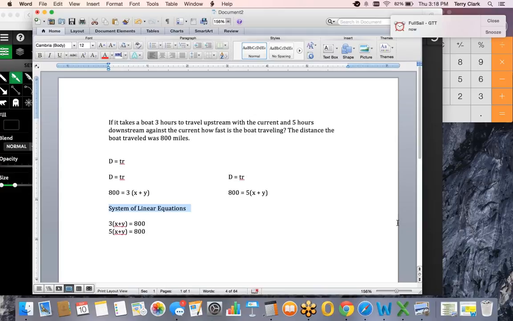In order to solve this problem, I'm going to have to find the least common multiple between the 3 and the 5, because I'm going to have to find a way to cancel them out. I got to figure out how to cancel out one of them.